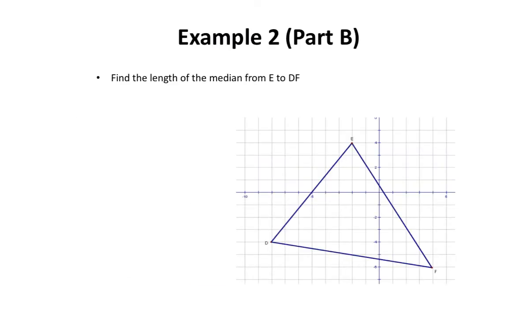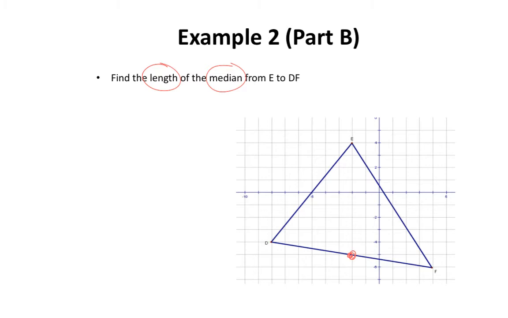In the second part of our second example, we want to find the length of the median from E to DF. A median will cut another line segment in half. So let's make a point on this diagram to indicate where that's going to be roughly. I'm going to estimate it to be there roughly.